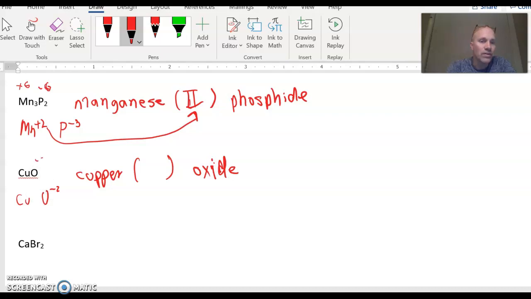So that's a total of a -2 charge from one of these guys, which has got to be balanced by a +2 charge here, and you only have a single copper atom that's got to come up with that charge. So it has to pay the whole bill. That means it's going to be a +2 charge, so this is going to be copper 2 oxide.